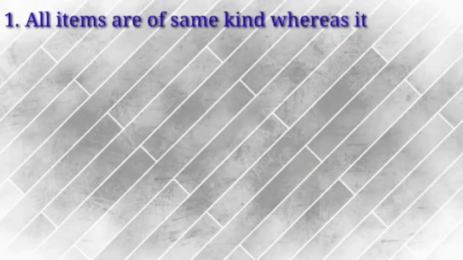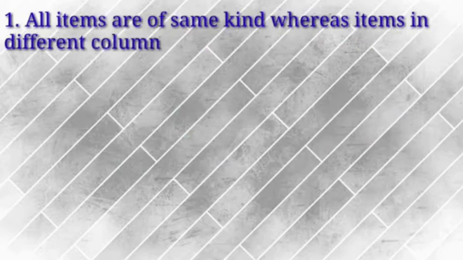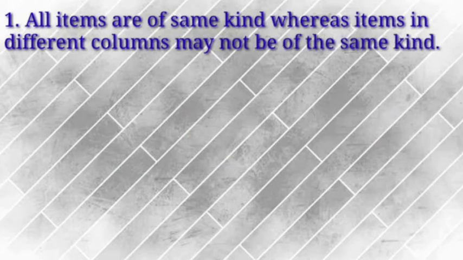The first property is that in any particular column of the table, all items are of the same kind, whereas items in different columns may not be of the same kind. Which means that if there is one column in one table, the items should be of the same kind, but the same column, if it is present in a different table, may not be of the same kind.